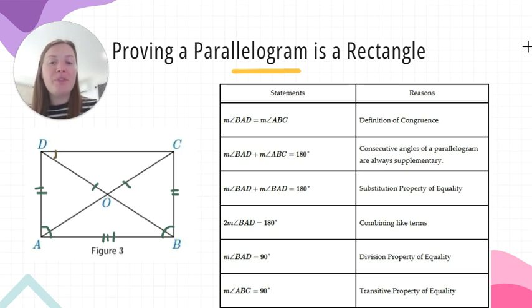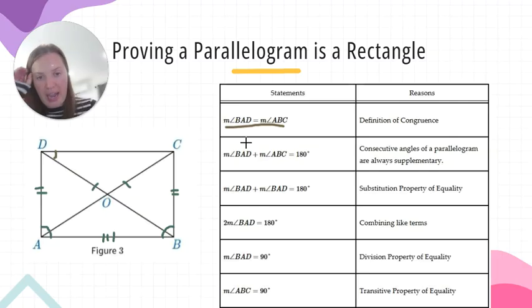Okay, so now that we know that angle BAD and ABC are congruent to each other, then by definition of congruence, we can say that those two angles are equal to each other, okay?